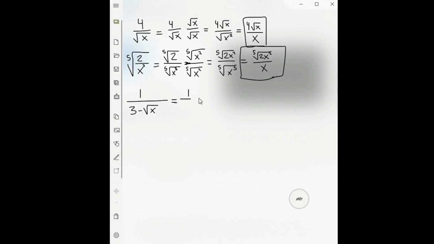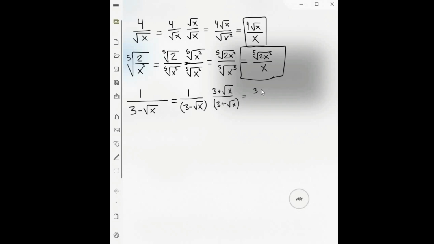For something with a plus or minus sign, remember those quick things I told you to write down. We're going to use that method. We're simply just going to change the sign so that we don't have some long answer. So we're going to do 3 plus square root x.